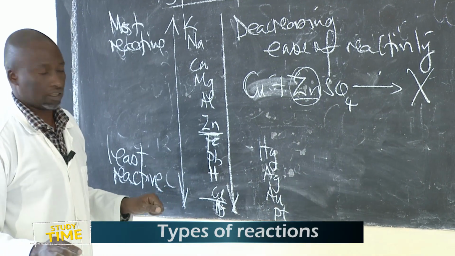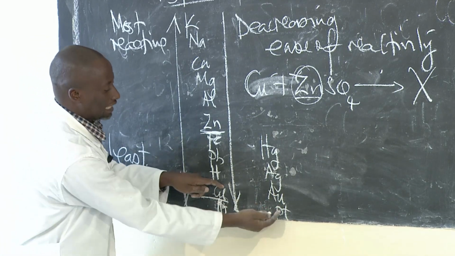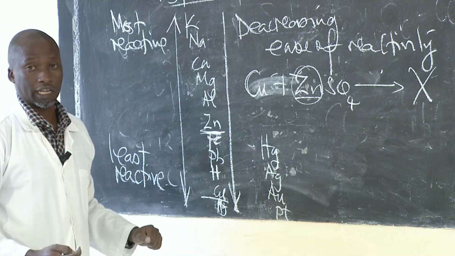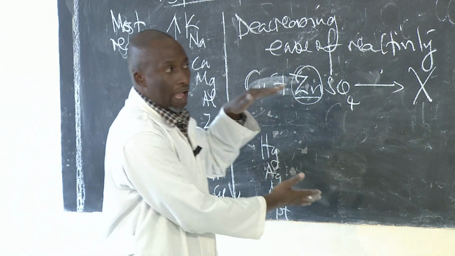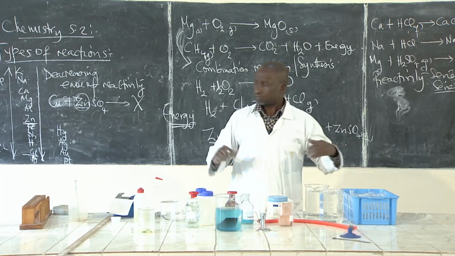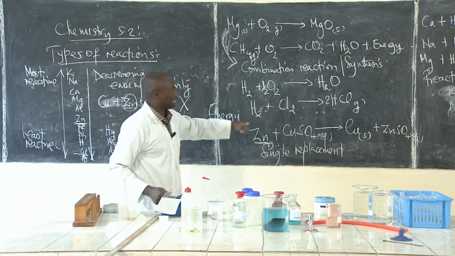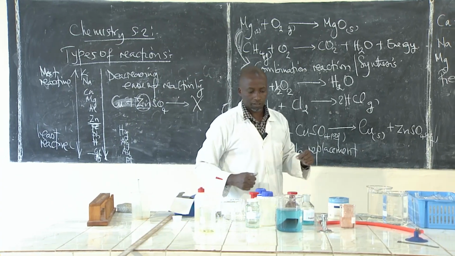Platinum is the least reactive. So this is the continuation of this one. The least reactive element is platinum. So remember what I'm talking about here. This is another type of reaction that we talked about, which is single replacement.